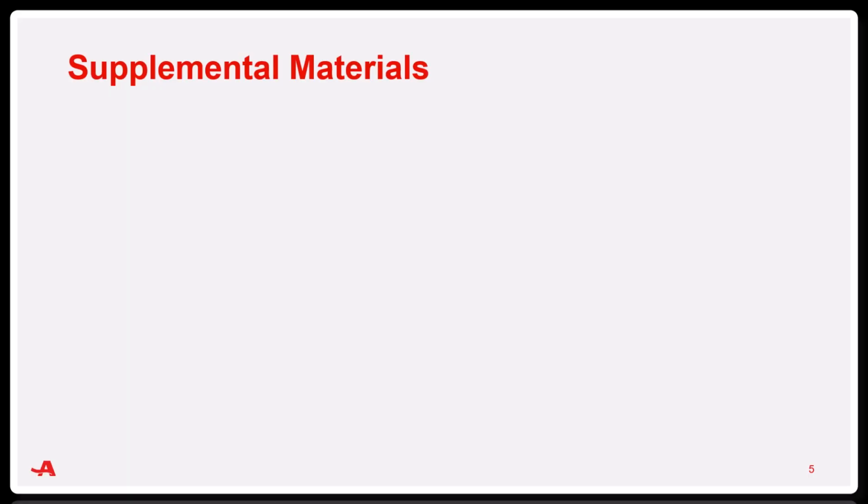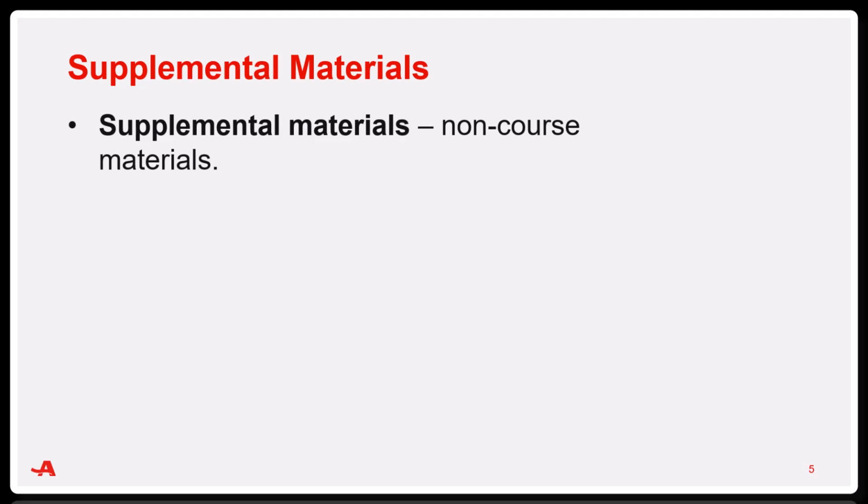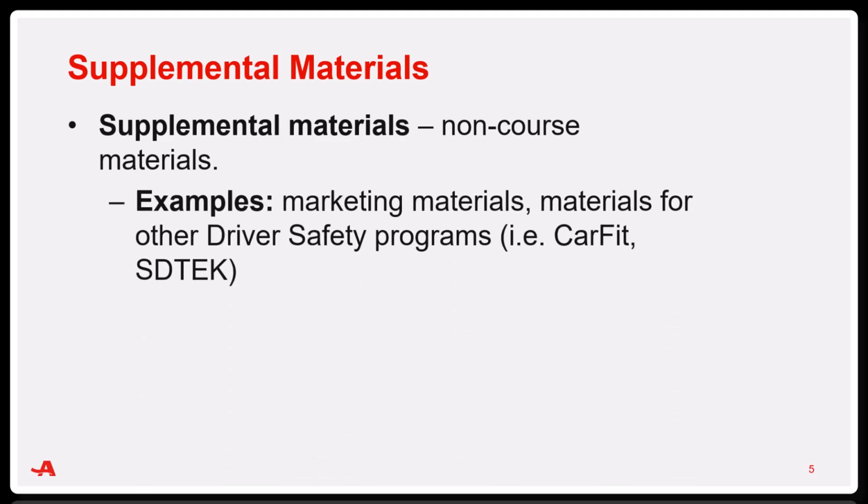Supplemental materials are all non-course materials, such as marketing materials or materials for other driver safety programs, for instance, CarFit or SD Tech. Now, let's go into the portal and see how we access the material ordering site for both course and supplemental materials.